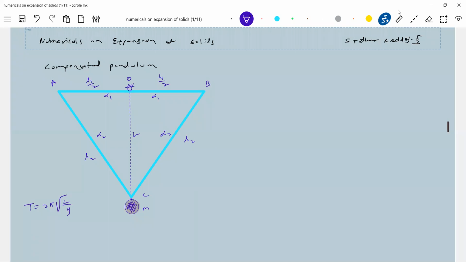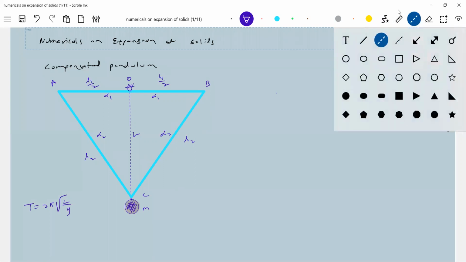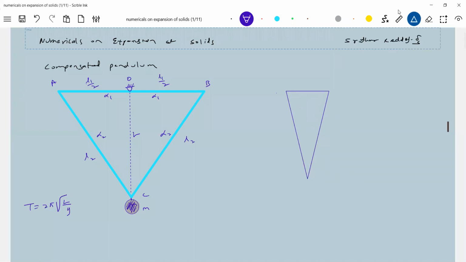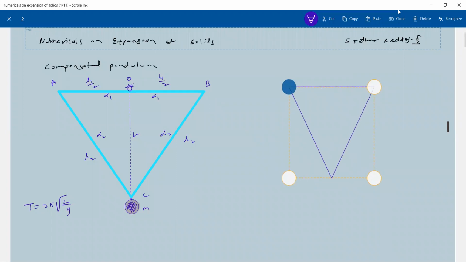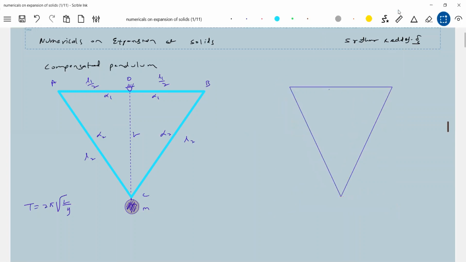So the compensated pendulum, let's get into the mathematics of this. Just go back 50, 60 years, even when I was very young, we didn't have digital clocks. We had to depend only on pendulums. If you went to any home, the pendulum clocks were there, and there was a lot of problem.